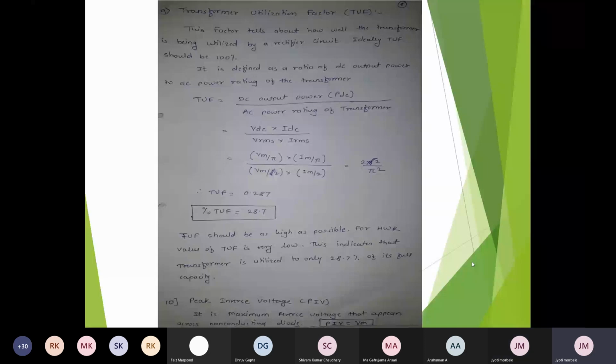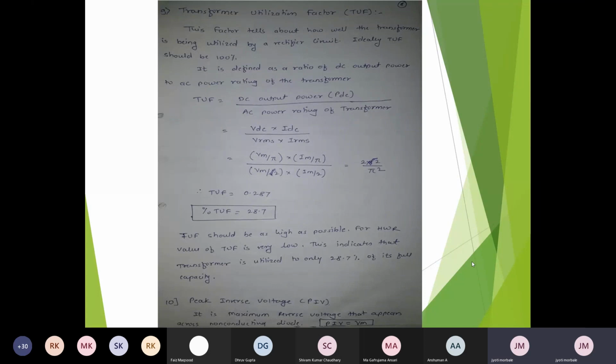28.7%. That indicates the transformer utilization factor for half wave rectifier is only 29%, which is very small. That means only 28% of the transformer is being utilized out of its full capacity. कितना होना चाहिए ideally? It should be as high as possible. It should be 100%.